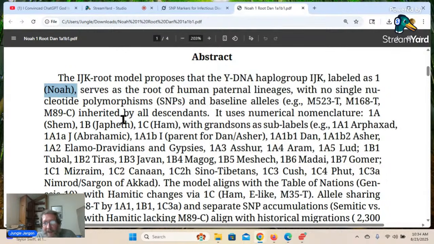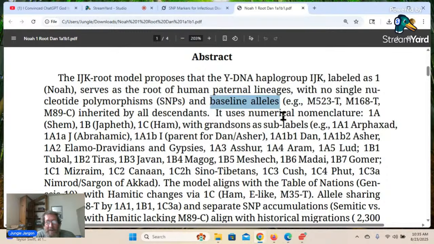And instead of the A of the supposed out of Africa model, which is entirely backwards, because they had the A as the baseline with no SNPs. And I'm saying, well, how in the world can the A have no SNPs? Well, it's because of their assumption of A as the root.